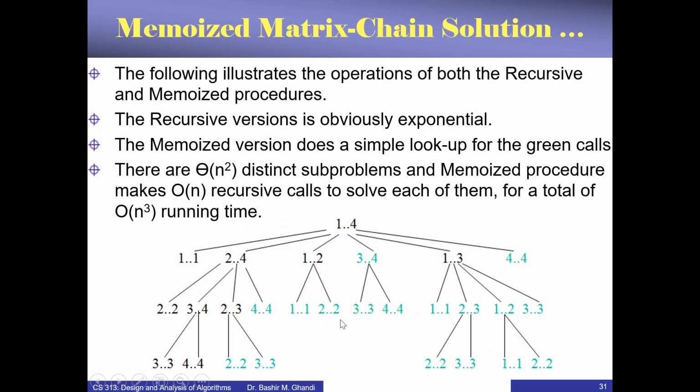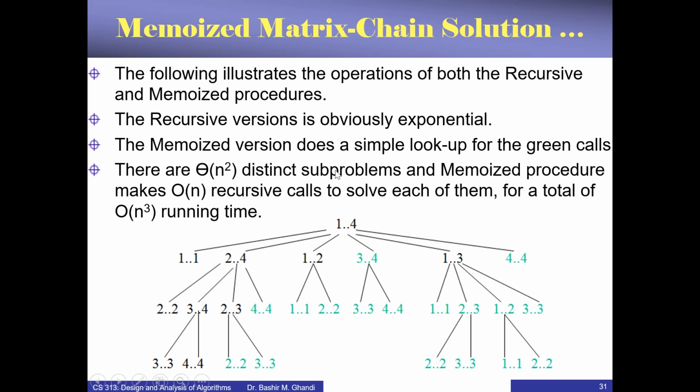It will just read them from the table. So that's what we said here. The Memoized version does a simple lookup for the green calls. There are theta of n squared distinct subproblems, and the Memoized procedure makes theta of n recursive calls to solve each of them.